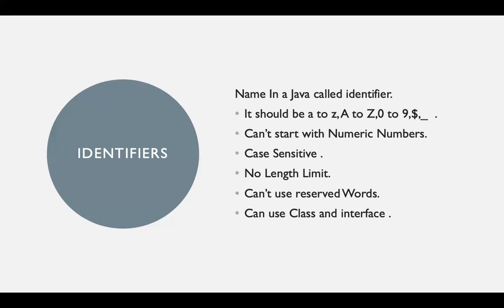The reason is that uppercase is different from lowercase, so you have to give the same case that you declared in the Java program when you try to access that value.